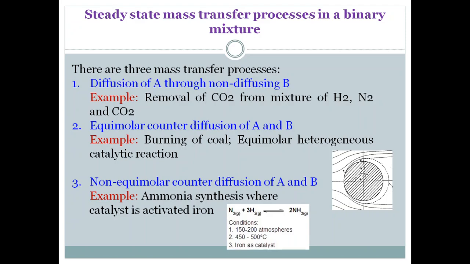In general, chemical plants run under steady state condition. Generally, a chemical plant runs for 330 days in a year, and the remaining 35 days they go for maintenance shutdown. So all the equipments, separation equipments, will run under steady state.